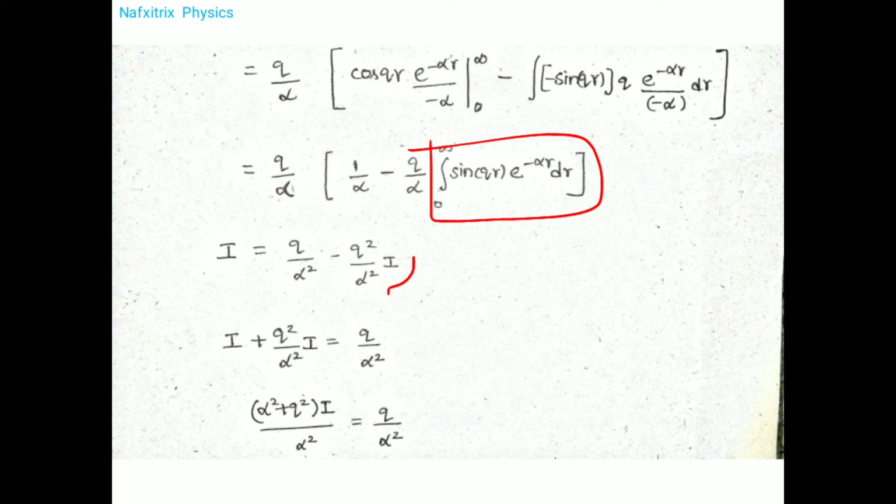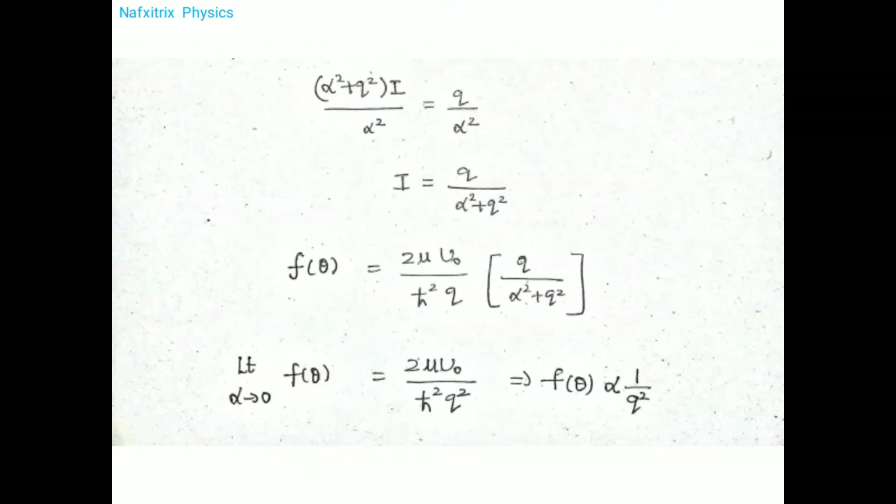Now it is replaced with I. Sending this entire term to that side, it would become plus q square by alpha square into I. Now if we simplify by taking out the LCM, alpha square, finally it would become alpha square plus q square divided by alpha square into I. Alpha square would get cancelled. So finally I is equal to, on sending this term to that side, q by alpha square plus q square. So this is the integration.